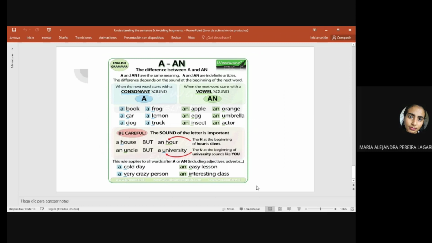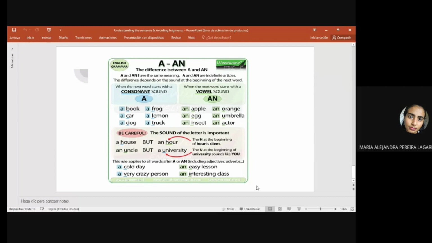The difference between a and an. A and an have the same meaning. They are independent articles. The difference depends on the sound at the beginning of the next word.